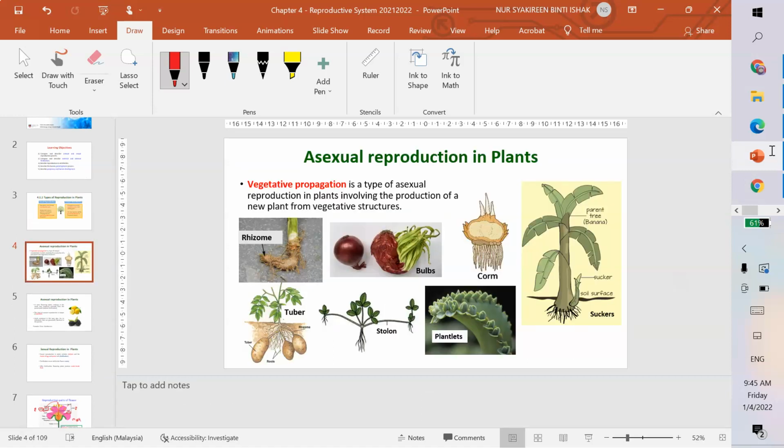Asexual reproduction in plant involves vegetative propagation, the production of new plants from vegetative structure. So dia ada rhizome, bulbs, corn, suckers, plantlets, stolon and also tubers. Kalau potato jenis tuber lah kan, sejenis tuber.